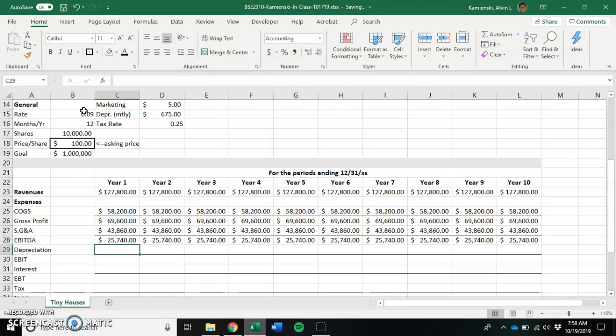The first subtracting from the latter. I didn't say that right at all. EBITDA is equal to gross profit minus SG&A.